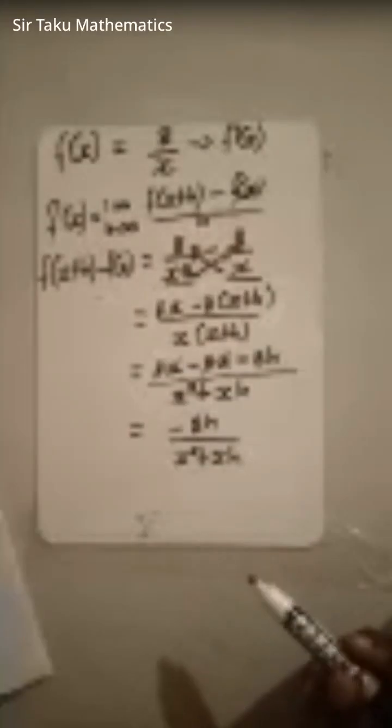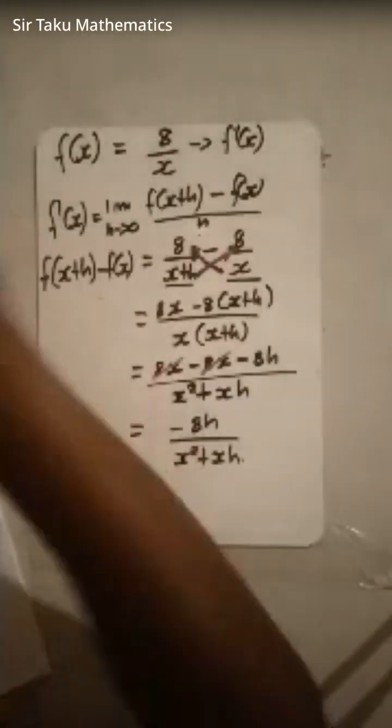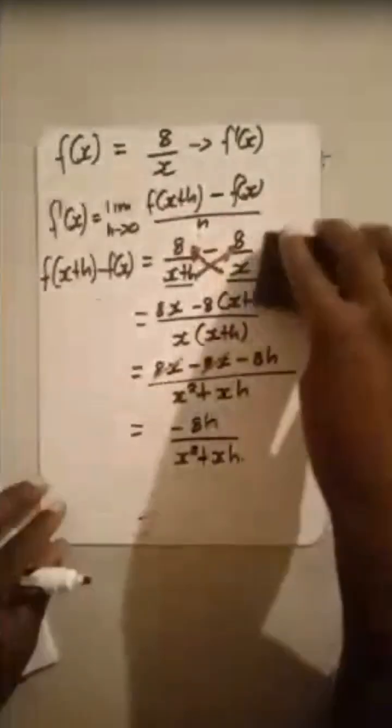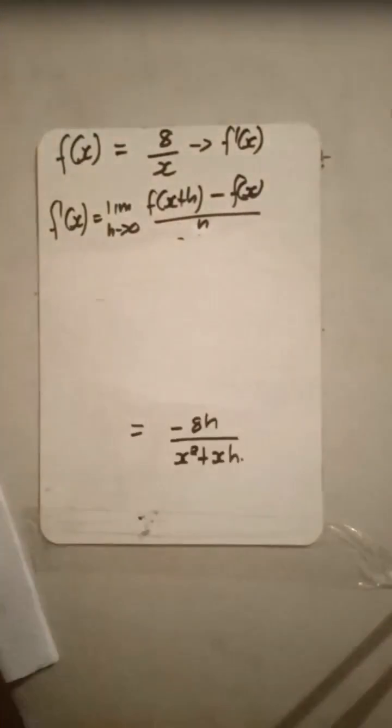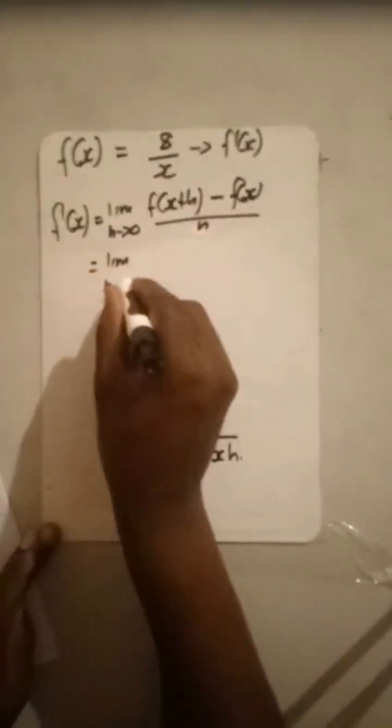So allow me to rub. I am going to rub only from here. Right. Now we go on. You have calculated this, then you go back. Don't forget your limit, h tends to 0.